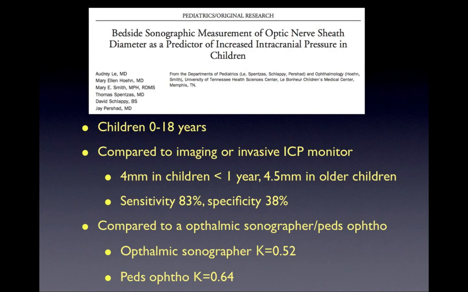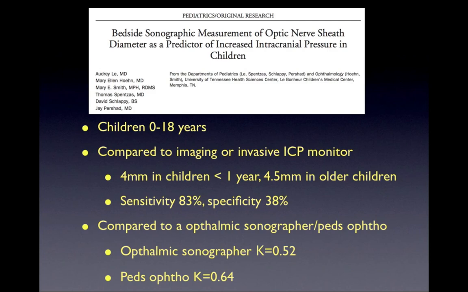The third study I want to discuss was a pediatric study done by Dr. Lee et al., and this was in Annals of Emergency Medicine. The title, Bedside Sonographic Measurement of Optic Nerve Sheath Diameter as a Predictor of Increased Intracranial Pressure in Children. So they studied children from 0 to 18 years of age, and there were two main points of the study.